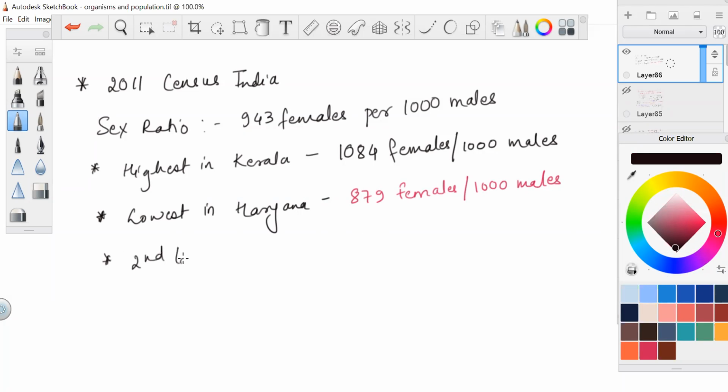Second lowest is in Rajasthan. There are 928 females per 1000 males. These are a few data.